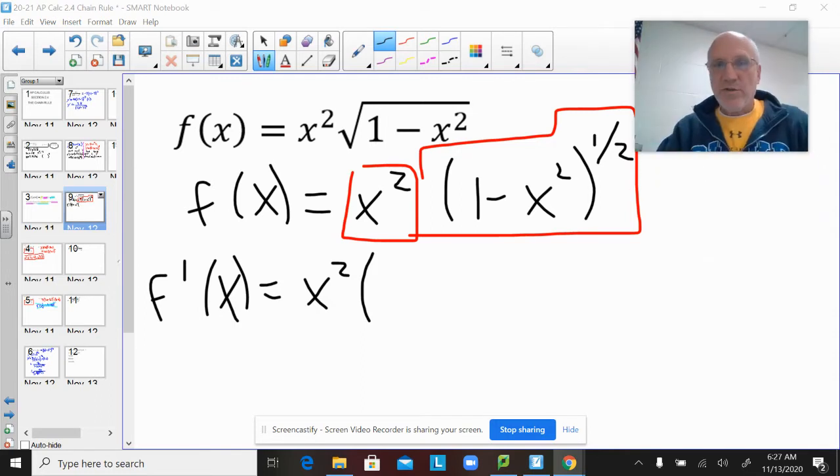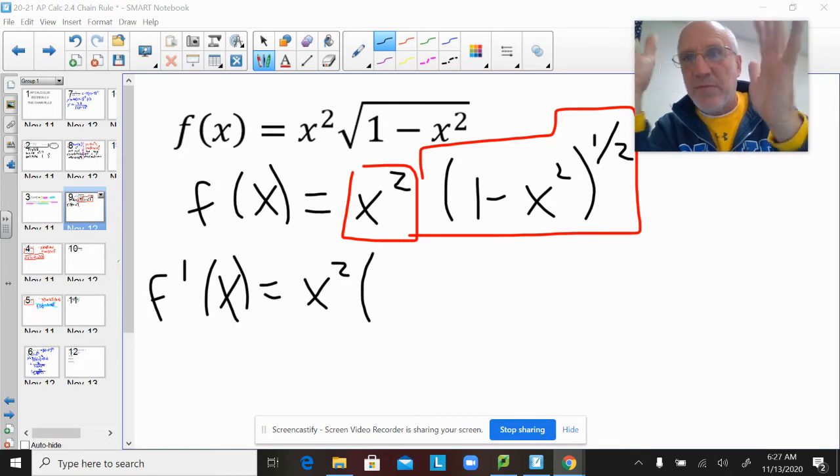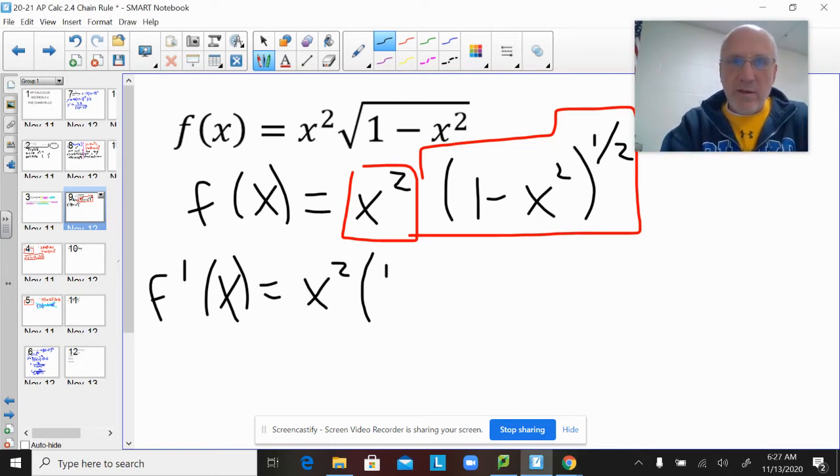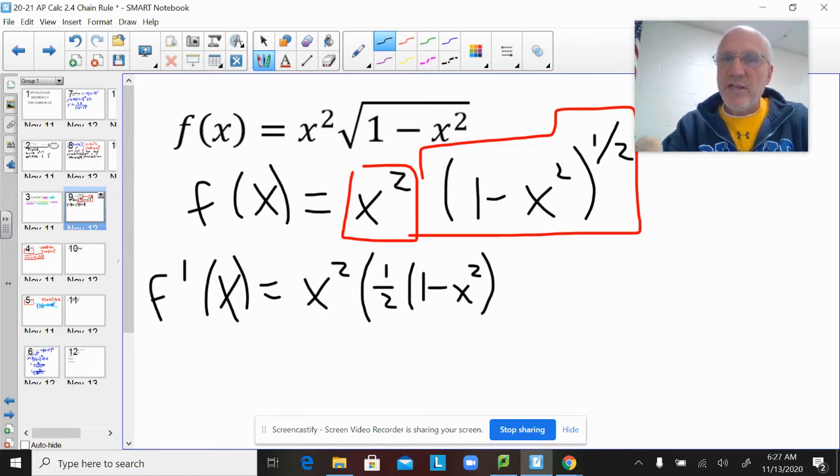So that's a chain rule. So the derivative of my outside function is something to the 1/2 power. So the derivative of something to the 1/2 power is 1/2 times that same something unchanged to a new exponent here. I'm subtracting 1 from the exponent. So 1/2 subtracting 1 gets me to negative 1/2.